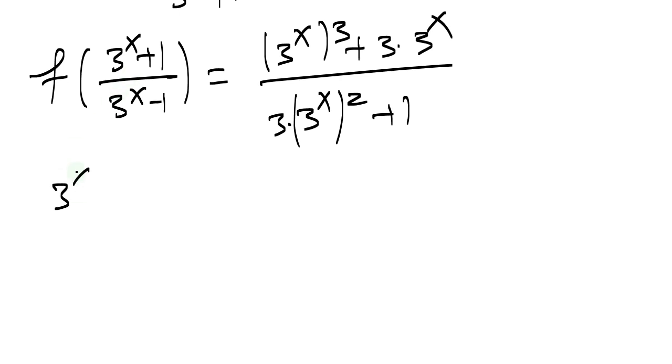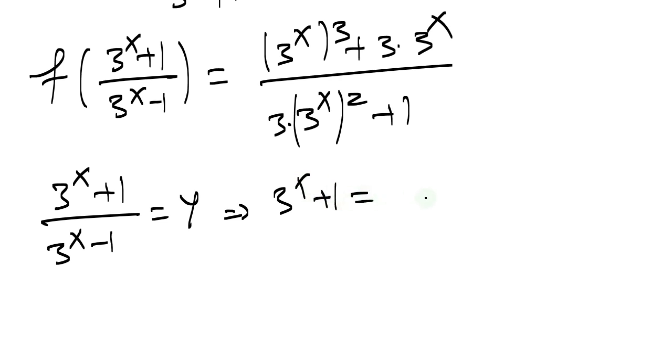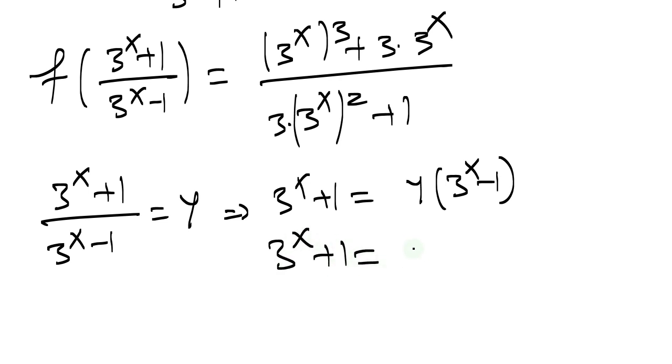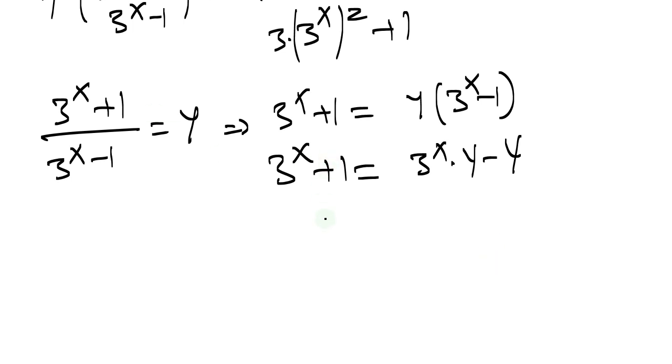So now let's say that 3 to the x plus 1 over 3 to the x minus 1 is equal to y. So from here we have that 3 to the x plus 1 is equal to y, which multiplies 3 to the x minus 1, and then 3 to the x plus 1 is going to be equal to 3 to the x times y minus y. So then we have that 1 plus y is equal to 3 to the x times y minus 3 to the x.